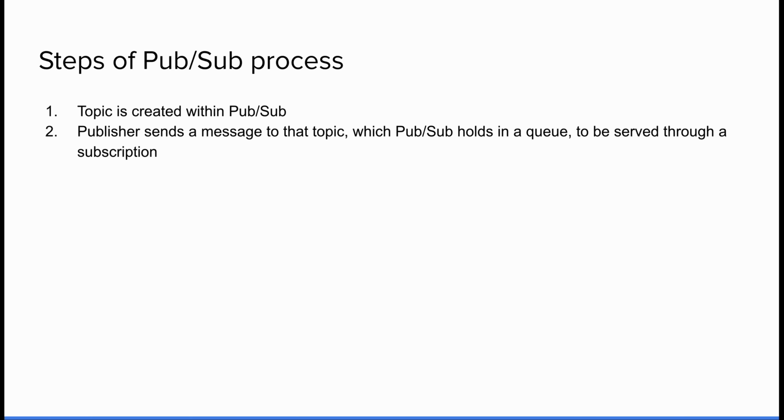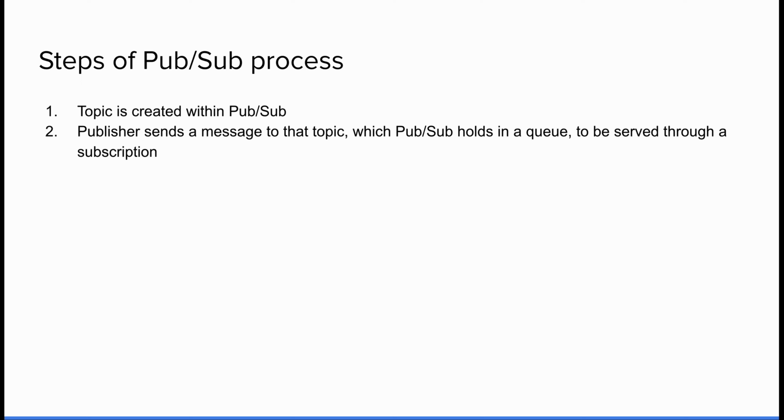All right, from start to finish, here is an overview of how PubSub is used in a basic implementation. First, a topic is created within PubSub, and it needs to be given a name. Then, once the topic is set up, your publisher, again, it can be an application, a microservice, or a collection of sensors, sends a message to that topic.